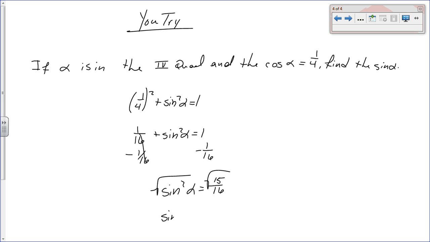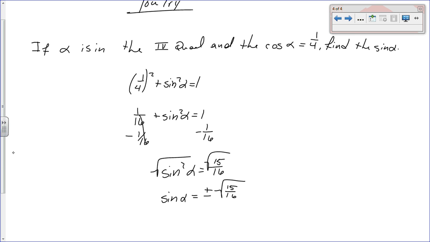So the sine of alpha equals positive or negative square root of 15/16. Now, is it positive or negative? Well, our angle's in the fourth quadrant, and we know sine is negative in the fourth quadrant. So therefore, our answer is the sine of alpha equals negative square root of 15/16.